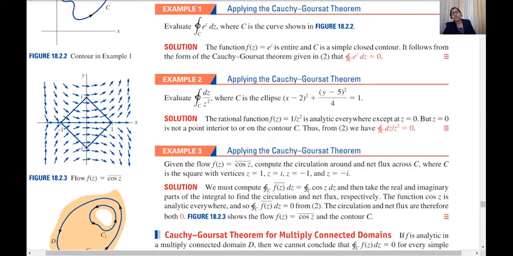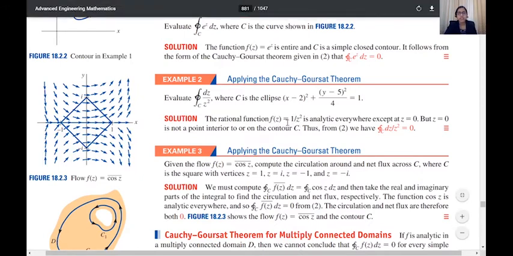Now we are asked to evaluate dz/z², so here f(z) is 1/z². Now, is this function analytic everywhere? This function is analytic everywhere except for z = 0, so at z = 0 the function is not analytic. But just see whether z = 0 is a point in this contour.